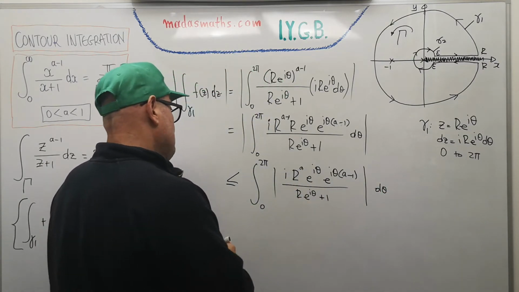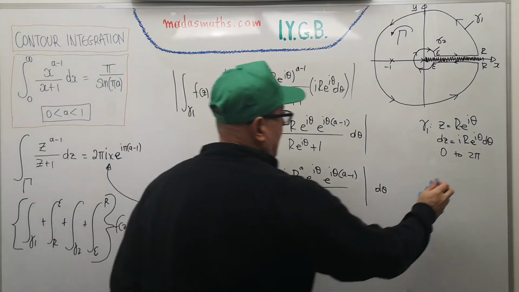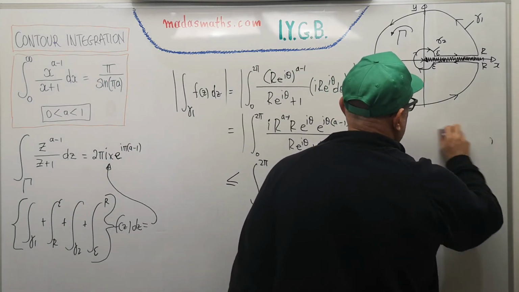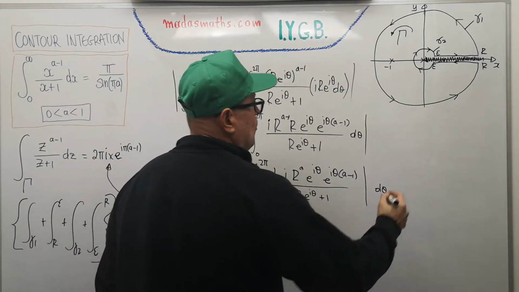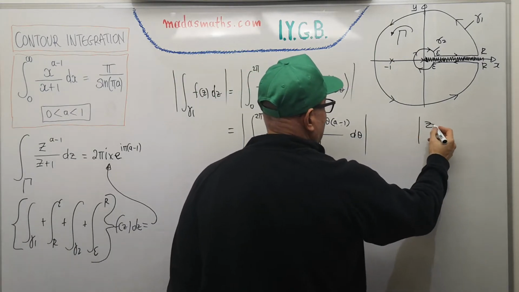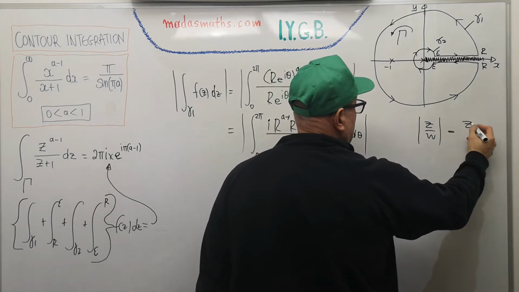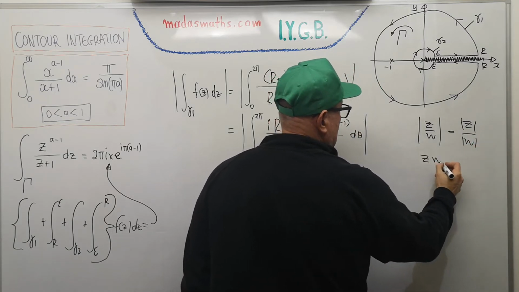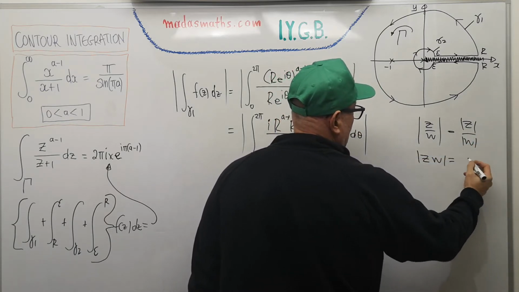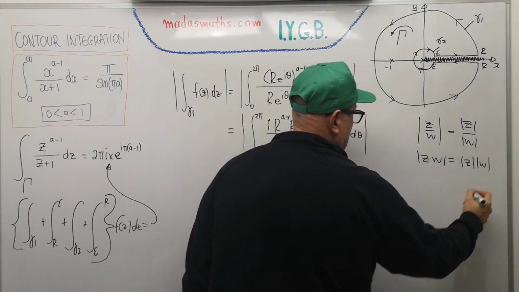Okay, so what I'm going to do next is I'm going to use some facts about the modulus. I'm going to write them here. Perhaps it's overkill. You should obviously know all these facts. For real or complex numbers, the mod of z over w is of course the mod of z over the mod of w, and similarly the mod of z times w, real or complex again, is the same as the mod of z times the mod of w.